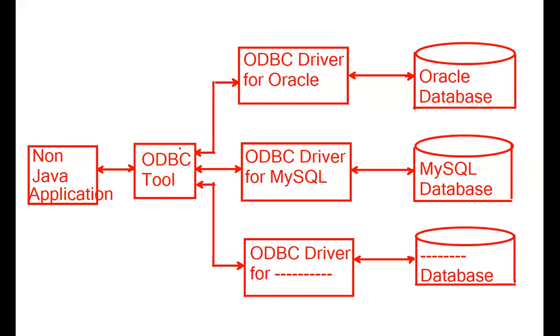If the database is MS SQL Server, that is also Microsoft, the second party. Remember: application vendor is first party, database vendor is second party, and other than these two companies, third party.